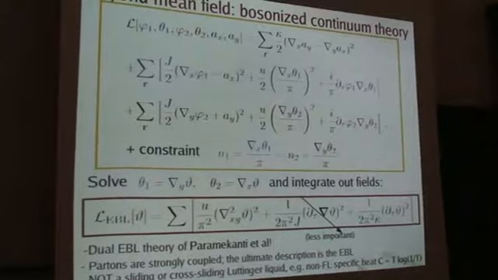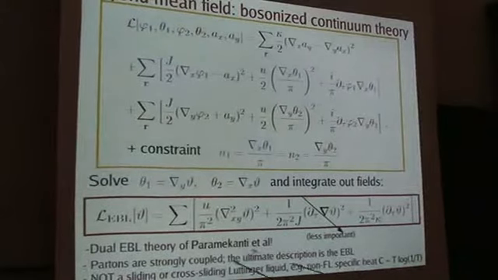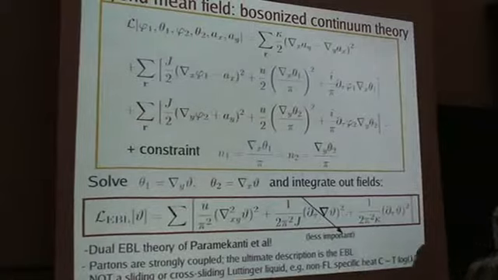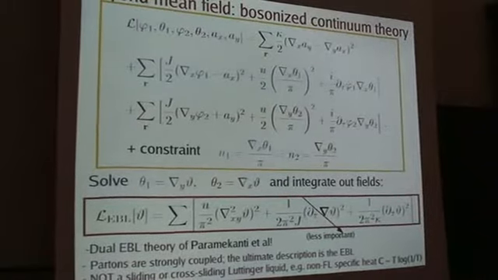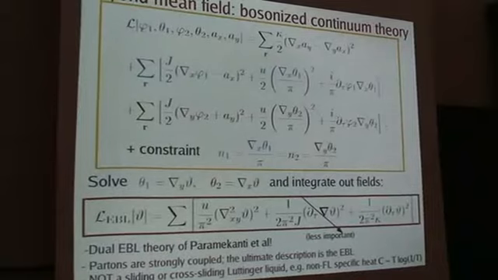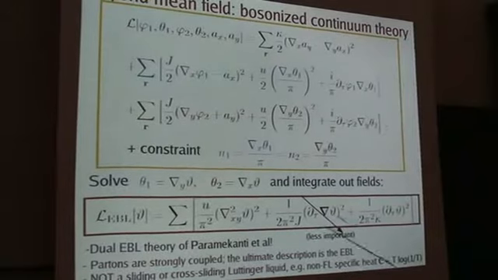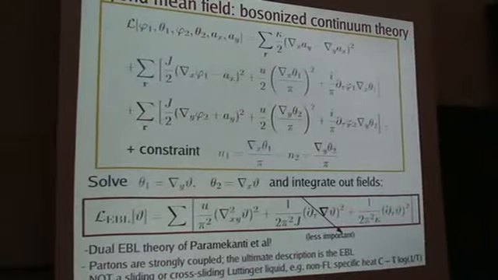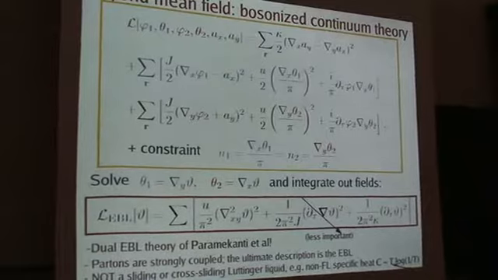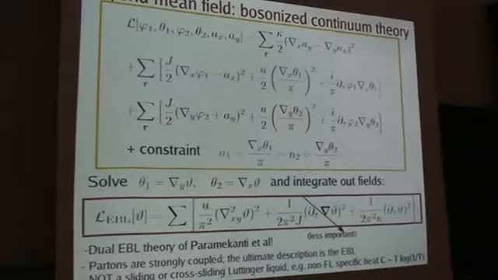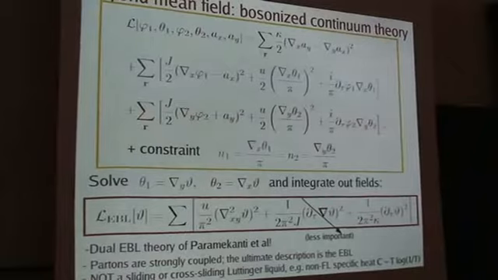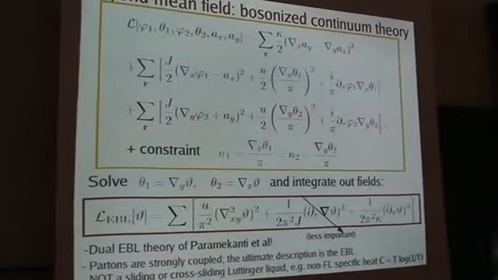I also want to emphasize that this is not a sliding or cross-sliding Luttinger liquid. That's answering your question. For example, if you calculate the specific heat in this phase, it has T log T behavior, which is different from the linear T behavior expected in the sliding or cross-sliding Luttinger liquid.